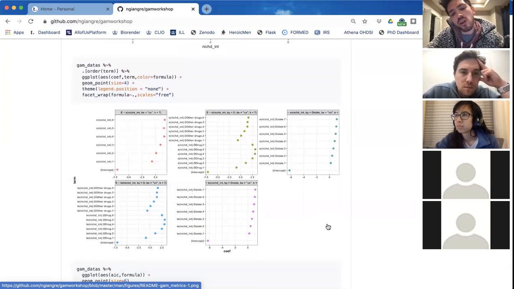And now we can look at the actual coefficient values. Those are on the y-axis, and the values are on the x.